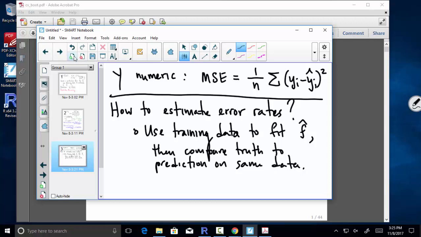With the extreme being that eventually, if you make your model sufficiently complicated, you'll interpolate your training data. You will perfectly predict with your training data. But that's deceptive because that's specific to that training data set.